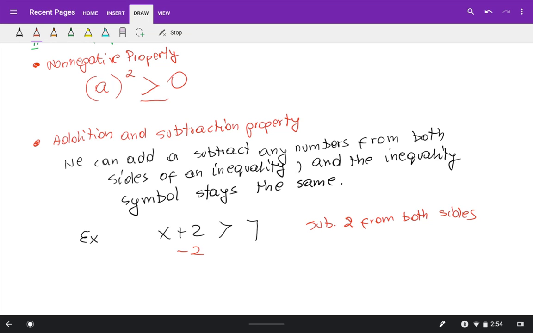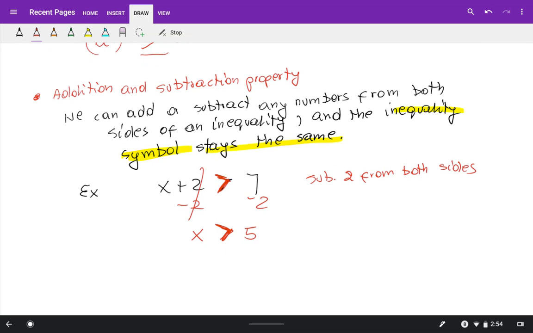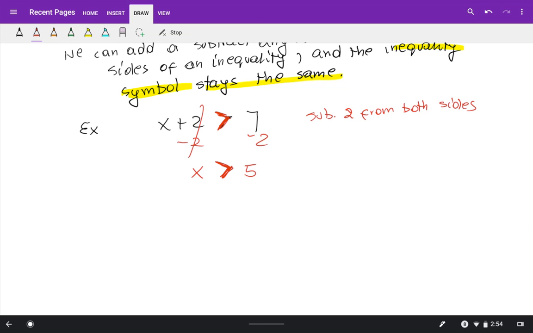So I'm subtracting 2 from both sides, and I will end up with x greater than 5. So when you add or subtract numbers to both sides, the inequality symbol always stays the same. Okay, so that's the addition subtraction property.